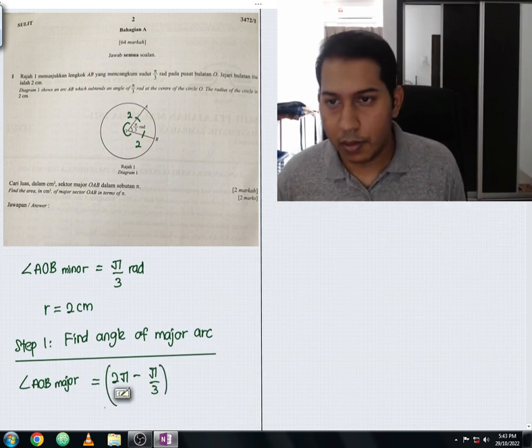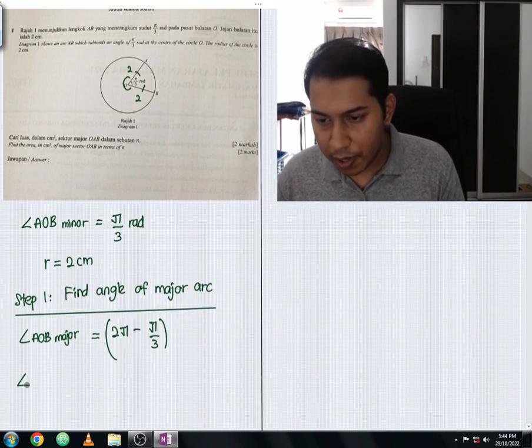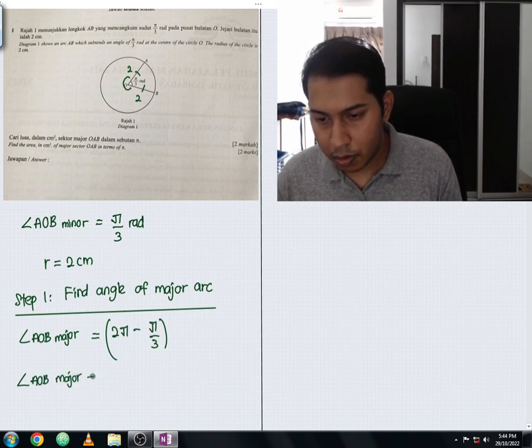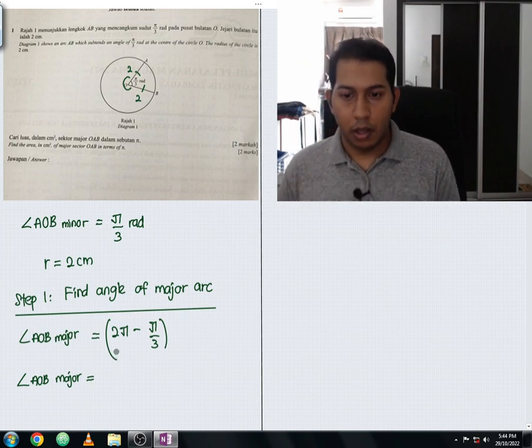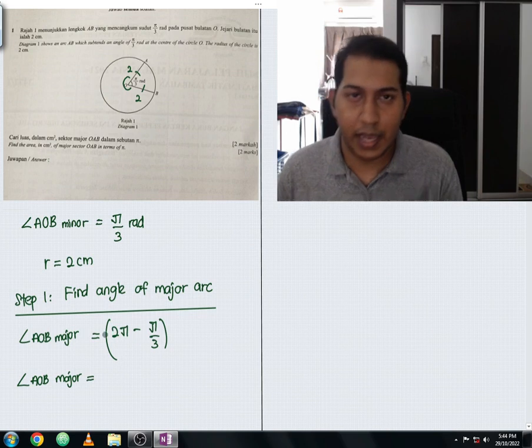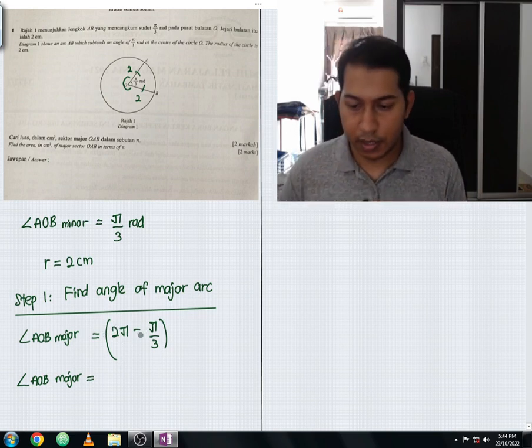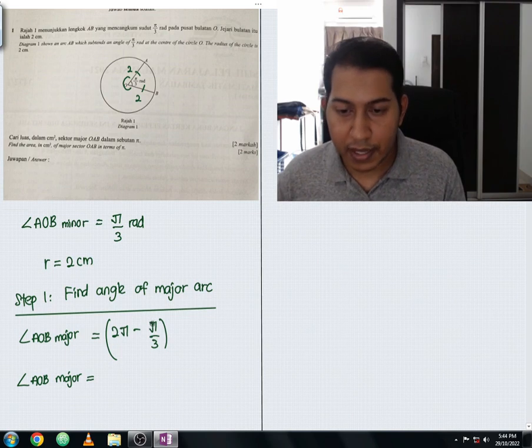Let me scroll down and continue this working. So from here you get your angle AOB, which in this case is the major, is equal to 2 pi. You make the denominator the same, so it will be 6 over 3 pi minus pi over 3.